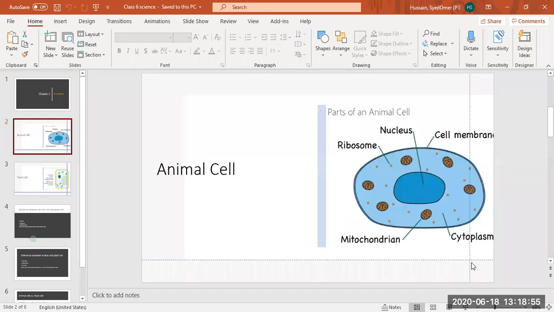Secondly, we have studied about cytoplasm. So what is a cytoplasm? A cytoplasm is a fluid portion of the cell. It is a liquid part of the cell, and it is the living matter of the cell. It can move around the cell, but it cannot go inside the nucleus. Okay, because it is a liquid, it doesn't mean that it can move in the nucleus. It will move around the nucleus inside the cell.